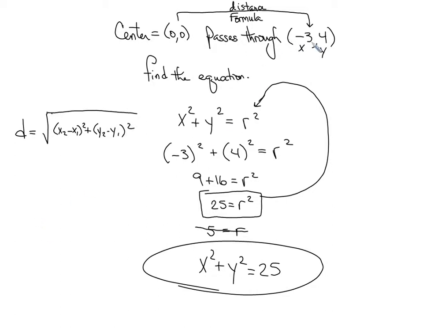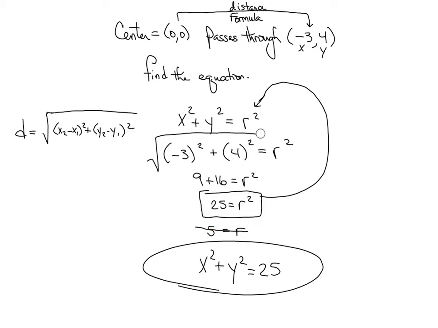Right? Well, if I do x2 minus x1, what do I get? What's negative 3 minus 0? Negative 3 squared. That's right there. If I do y2 minus y1, what's 4 minus 0? 4 squared is right there. And then if I want to solve for d, which is really r, I take the square root of the whole thing. Isn't that what I'm doing down here to find r?